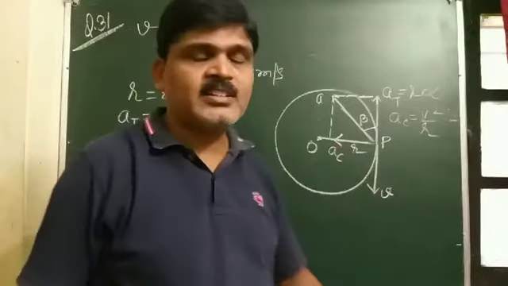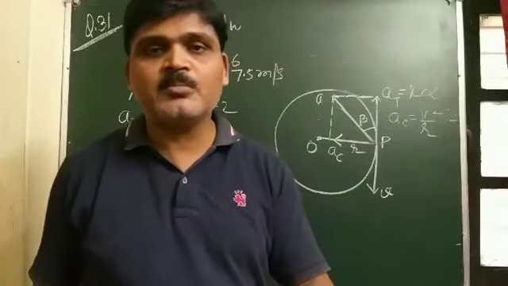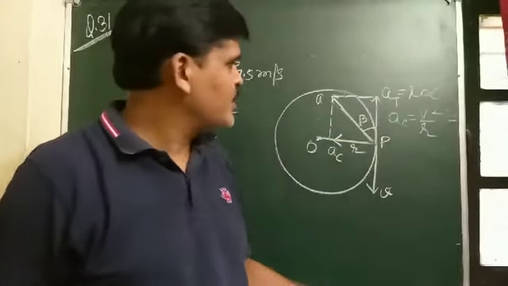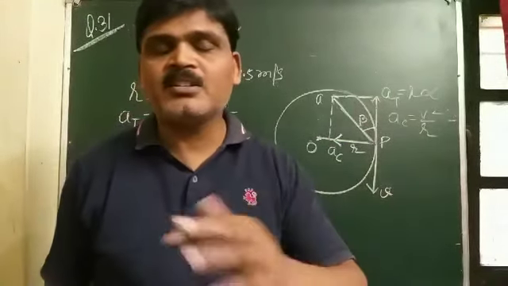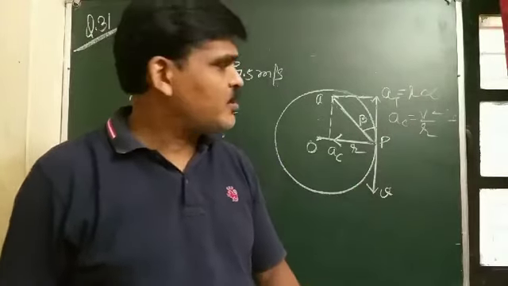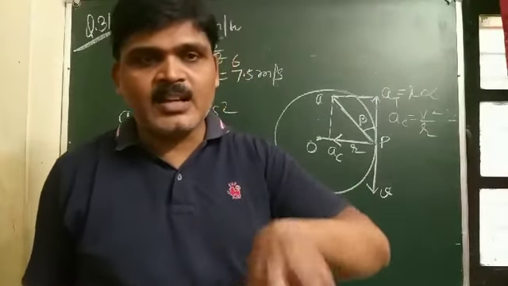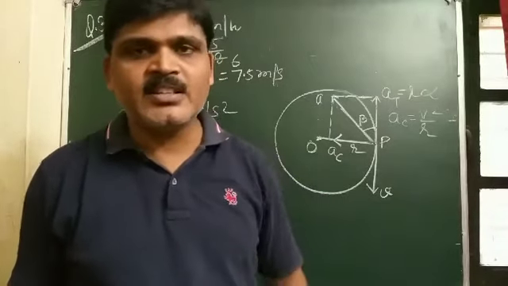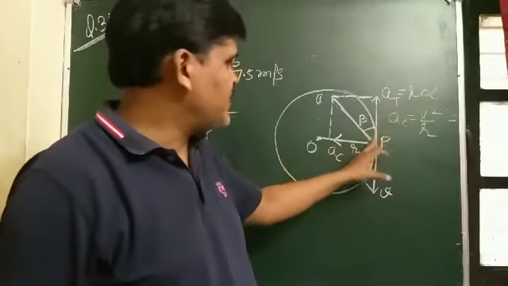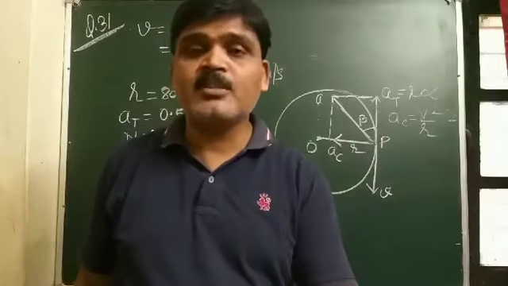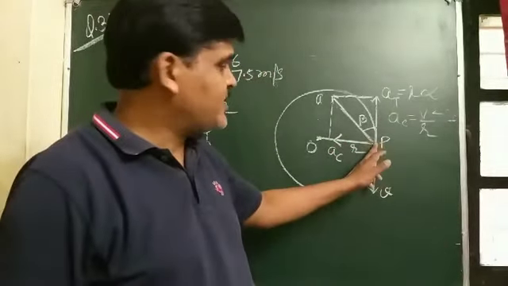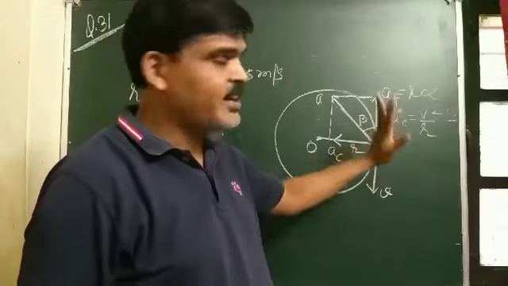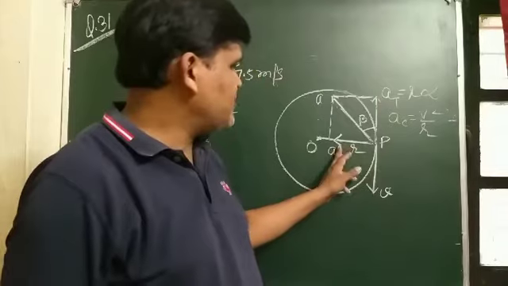And centripetal acceleration acts toward the center of the circular path because the direction of motion of the cyclist on the circular path is continuously changing. So when the cyclist moves in a circular path with a variable speed, it has tangential acceleration as well as centripetal acceleration, and the direction of tangential acceleration acts tangent to the circular path, which is shown in the diagram as AT, and AC, that is what?